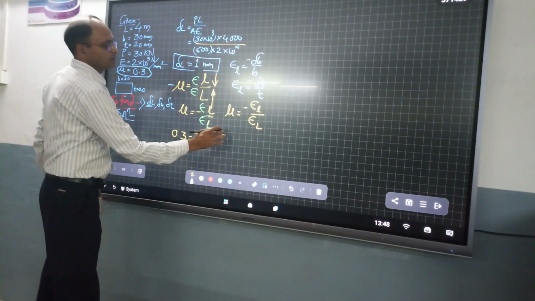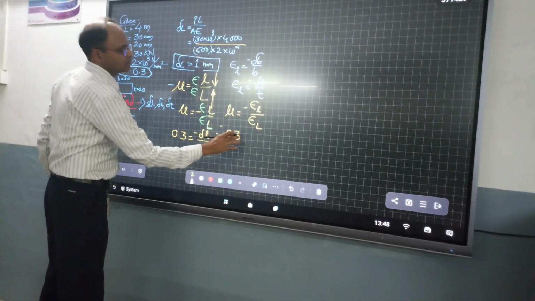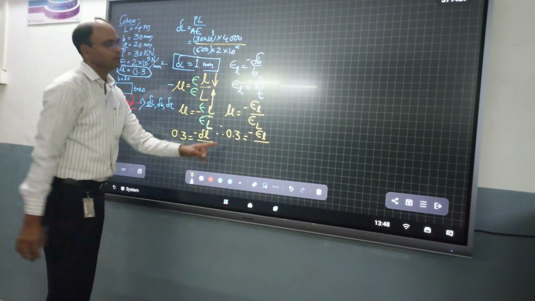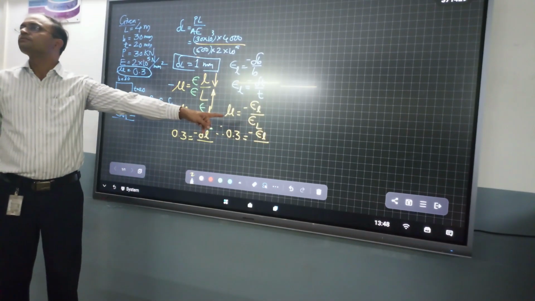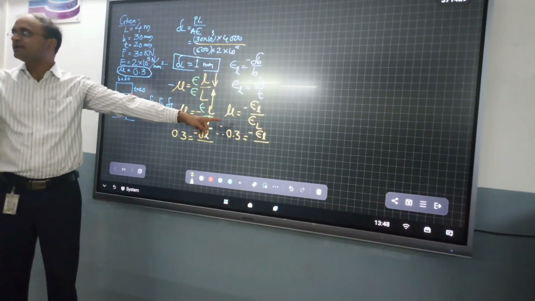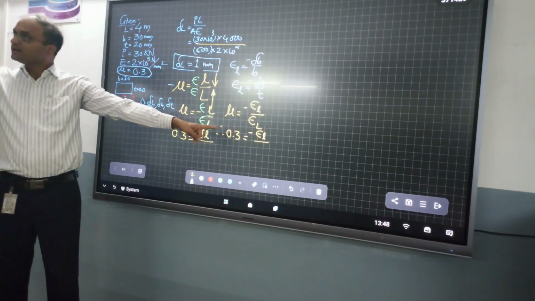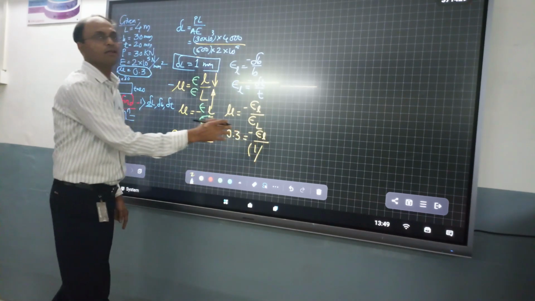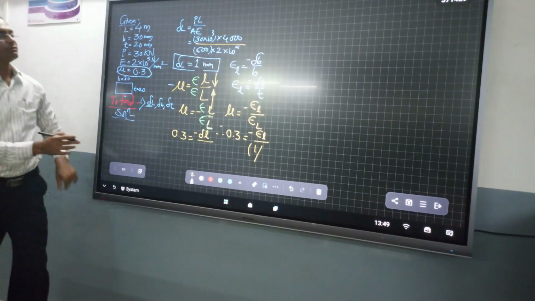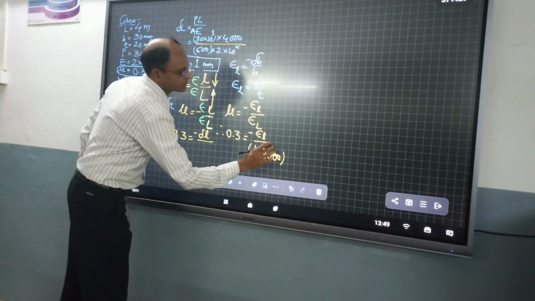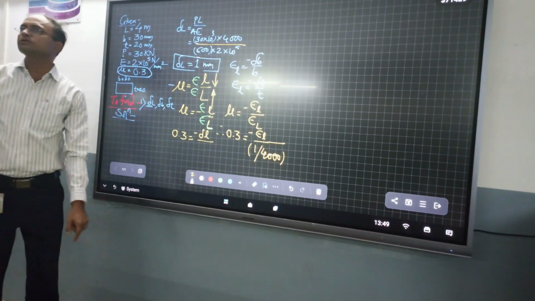Therefore, 0.3 is equal to minus epsilon small l upon epsilon capital L. 1 is change in length, 1 upon original length. This is how 1 divided by change in length upon original length is 1 upon 4,000.